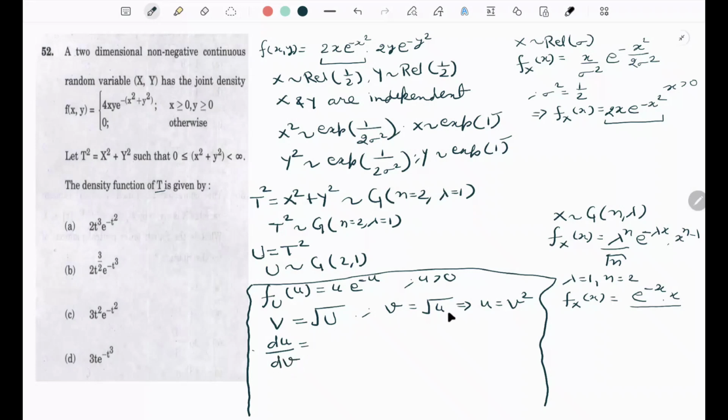So if we differentiate it with respect to v, we will get 2v. Now what will be the PDF of V?